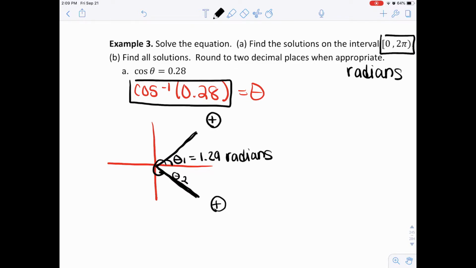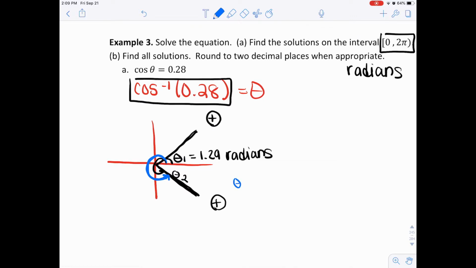And the way that we can find the measure for the actual angles is the same thing that we would do even if we had it as a special triangle. The first angle is in quadrant 1, which means the reference angle is the answer. The other angle is in quadrant 4, and to find that we could do 2 pi minus our reference angle of 1.29.